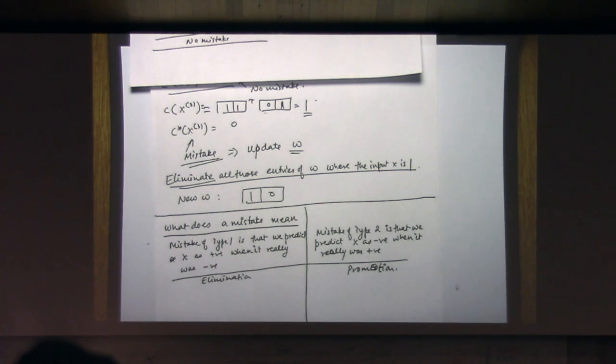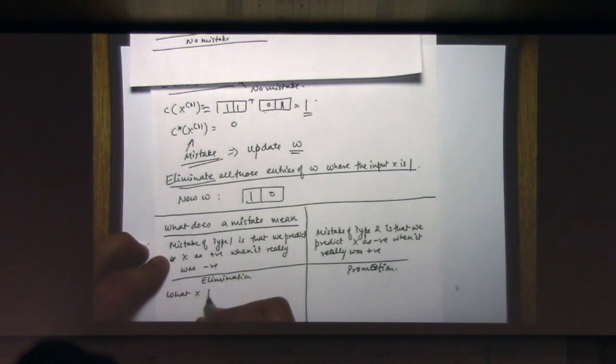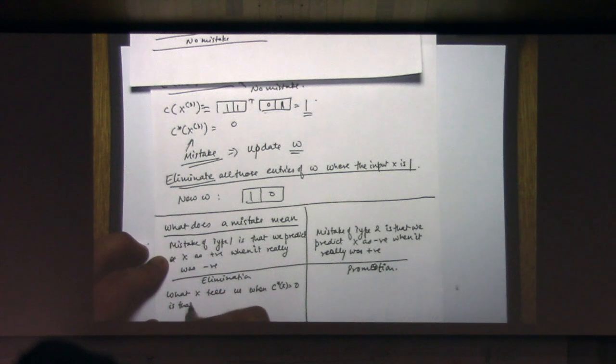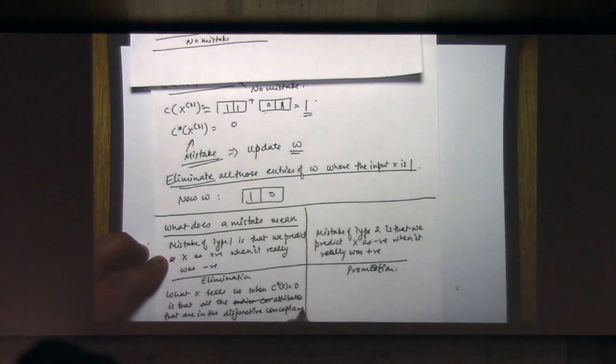That means that you need to lower the effect of those 0 entries. Because what X tells us when C star of X is 0 is that all the entries, when I say entries, all the attributes, that are in the disjunctive concept are 0.